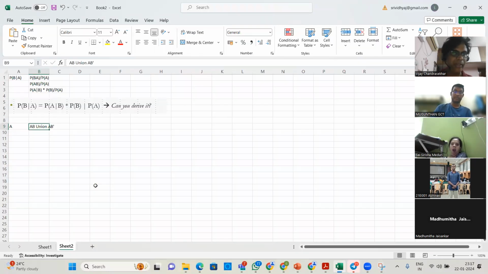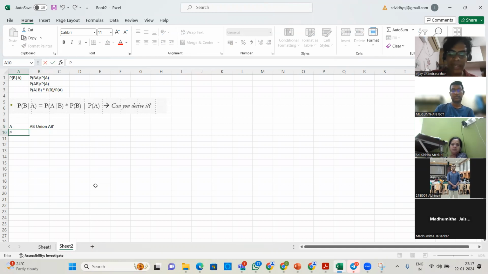Now, I can write A as AB union AB complement, correct? So now, can I write probability of A as probability of AB plus probability of AB complement? Can I? All right.